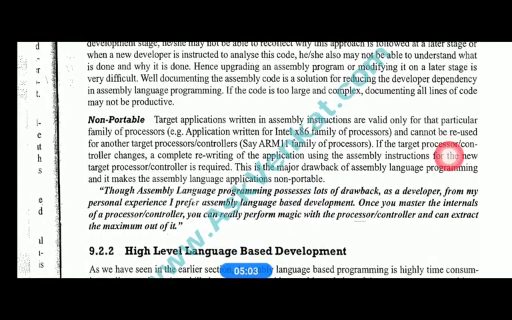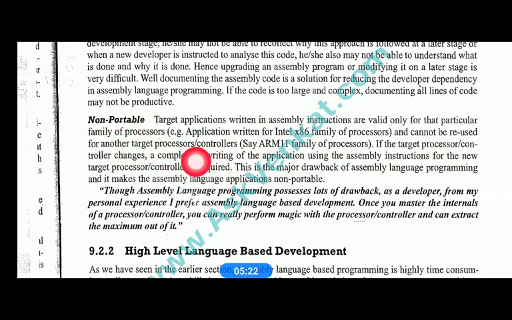Whereas in a high level language it is not like that. You can set a certain set of rules and share it with a different development, with a different controller, such as a program written in C, right?